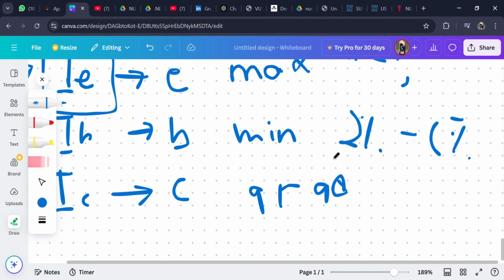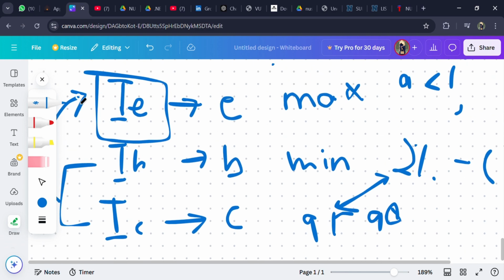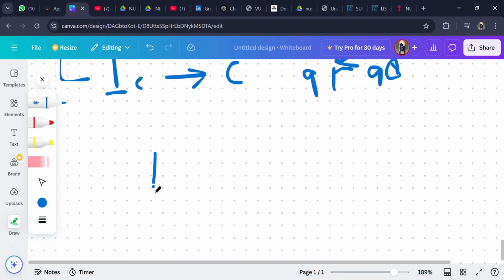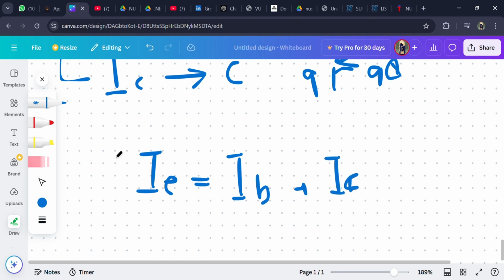So if we add that 2% to 5% to the 95 to 98%, we get the actual 100% of IE. So from here the concept that IE is equal to IB plus IC comes out. And this is the equation of this lecture.